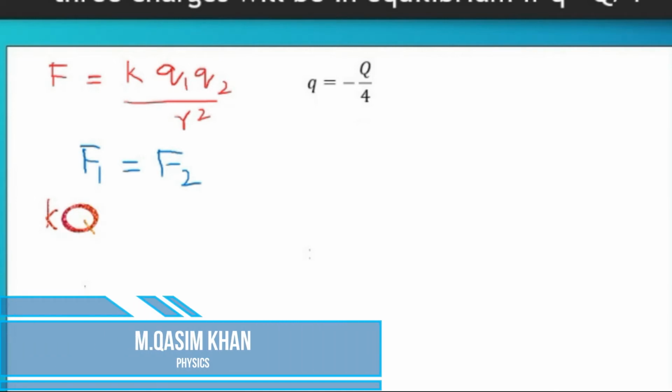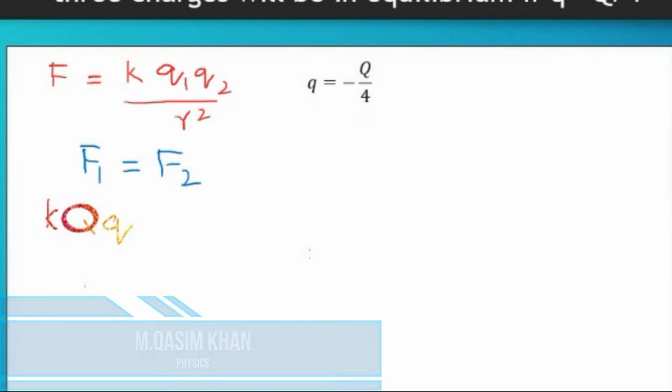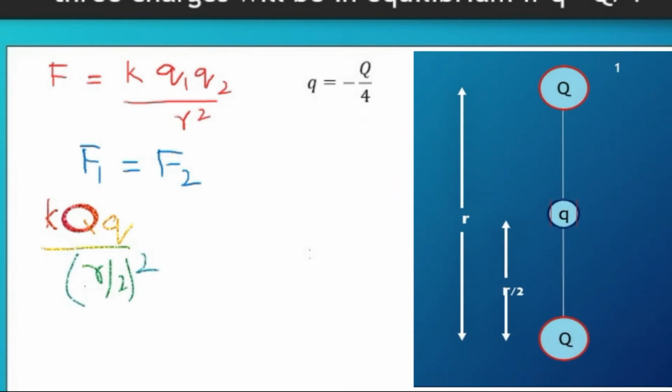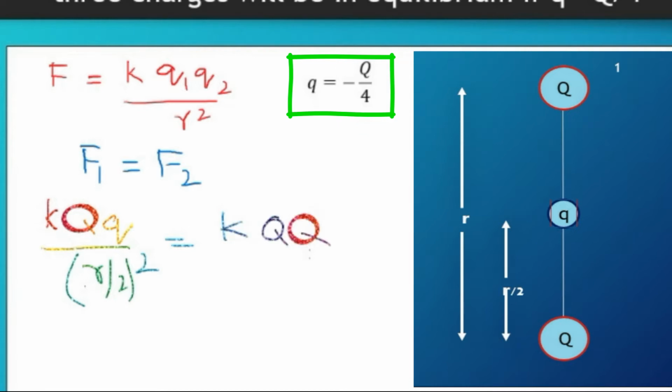According to Coulomb's law, the force F1 will be k capital Q small q by (r by 2) square, as the distance between capital Q and small q is r by 2. This force must be equal to k capital Q by r square.